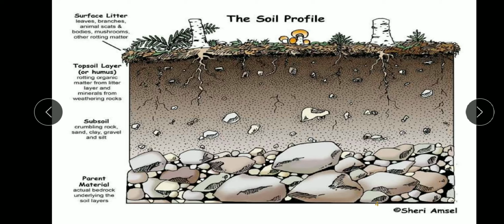In this topsoil layer, most of the humus content is present, like rotting organic matter from the litter layer and minerals from weathering rock. Then the subsoil layer consists of the B horizon. It is crumbling rock, sand, clay, gravel and silt. The last one is the parent material, the C horizon. It is the actual bedrock underlying the soil layers.